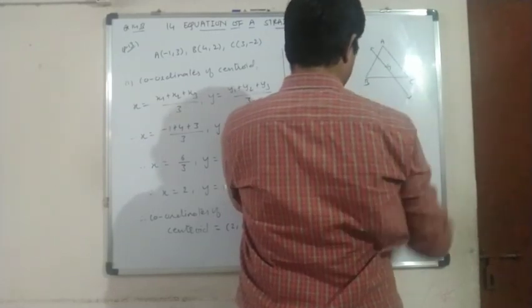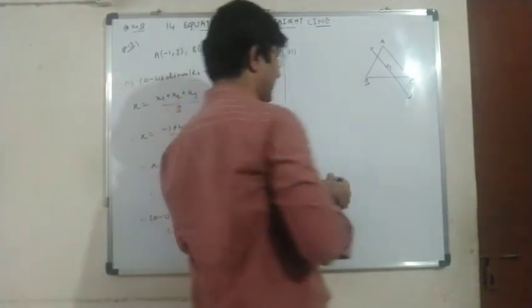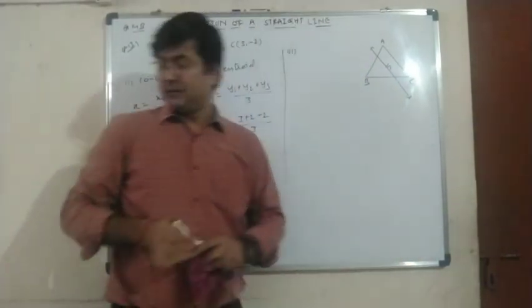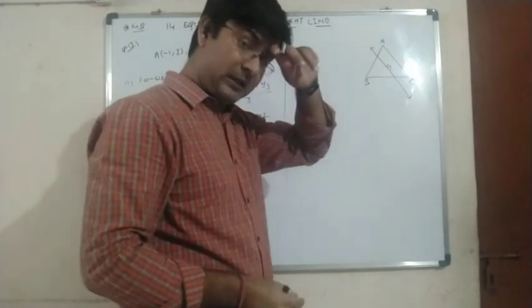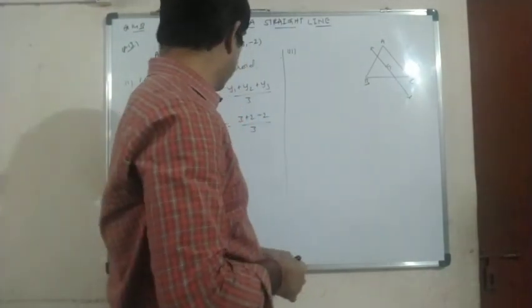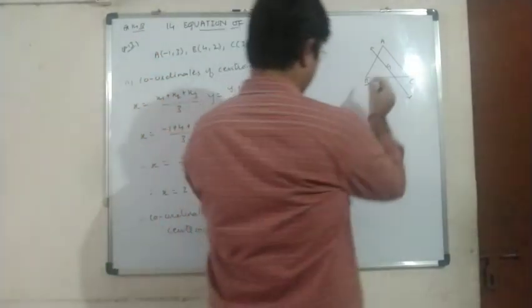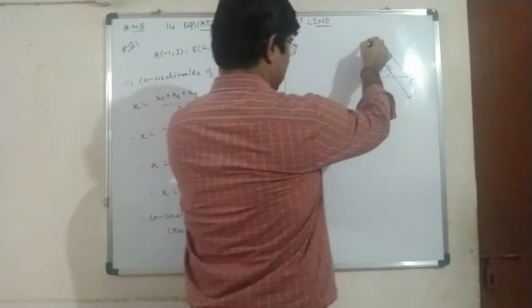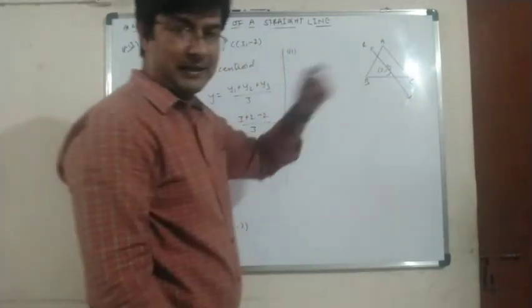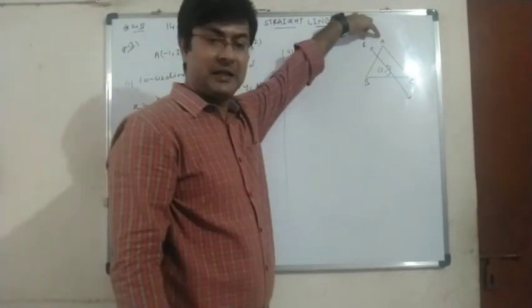Okay, here we have G. Clear? So we have to find the equation of a line which is passing through point G and parallel to AC. Clear? So we have coordinates of point G, and this line, say this is line L, okay, which is parallel to AC. So these two lines are parallel.